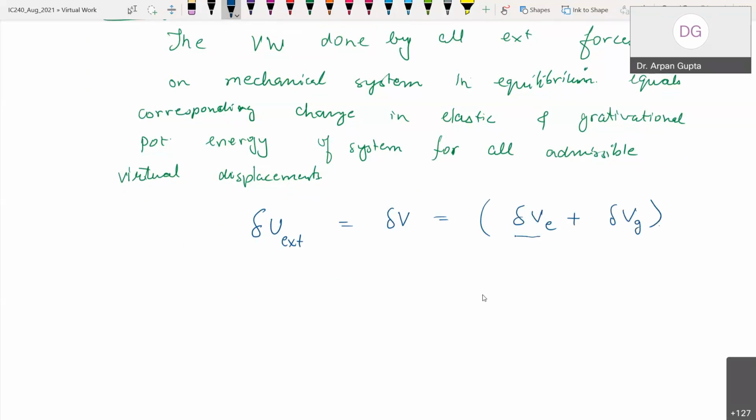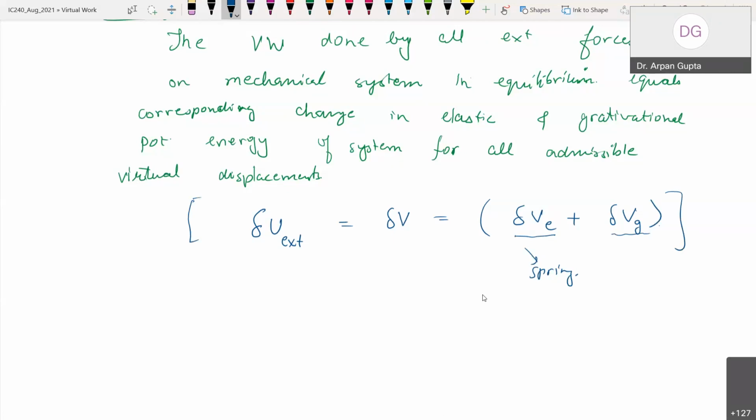So if you have springs, you have this term half kx square, and if you have gravity, then you have your mgx or mgh type of terms coming up here. That is the modified statement of virtual work.